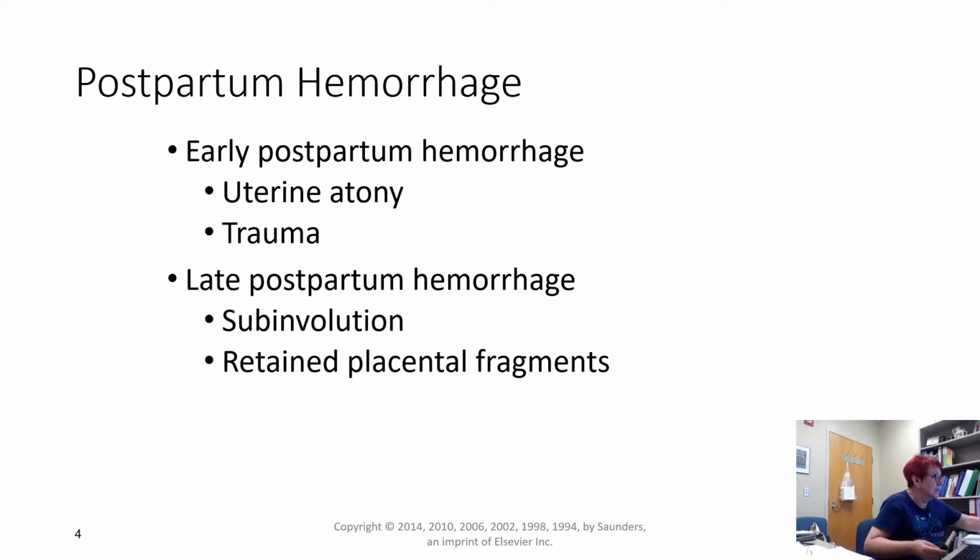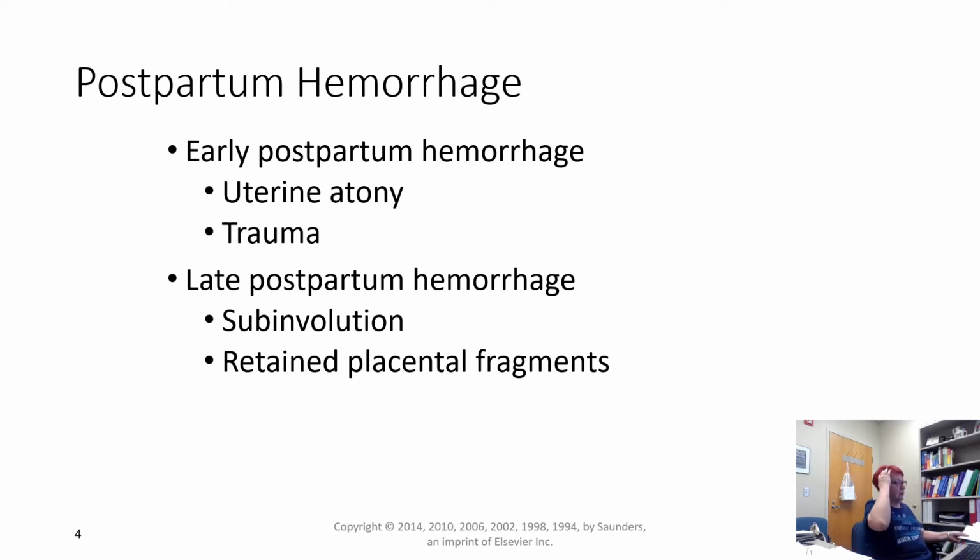Okay. The number one reason that we have postpartum hemorrhage is uterine atony. The uterus is not clamping down. And we already talked about how we check the uterine fundus at the umbilicus. We start there.